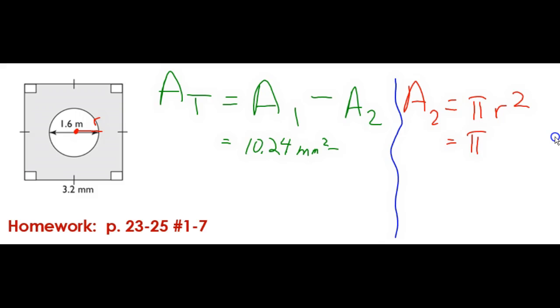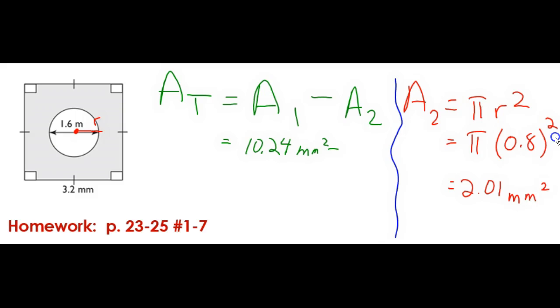So I have pi times 0.8 squared, and I'm going to work that out on my calculator by using the pi button. Okay, so finding my pi button, pi times 0.8 squared gives me roughly 2.01, and that's millimeters squared.